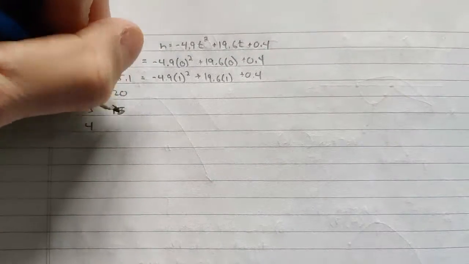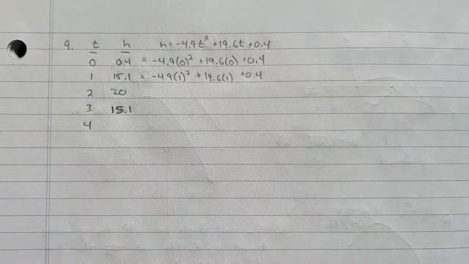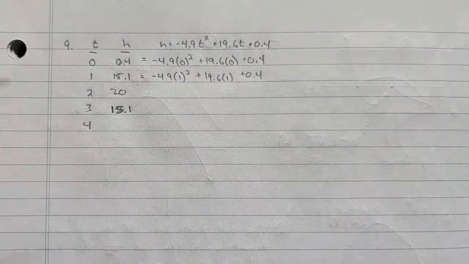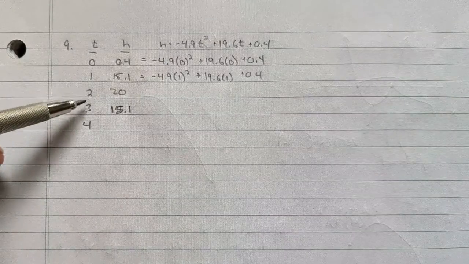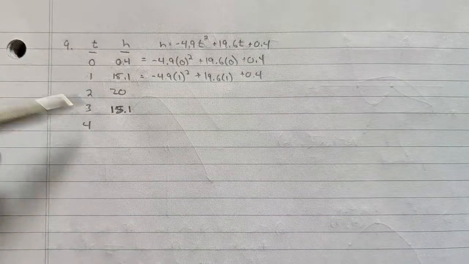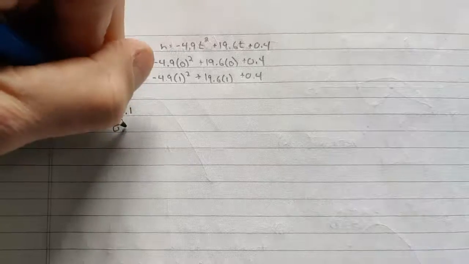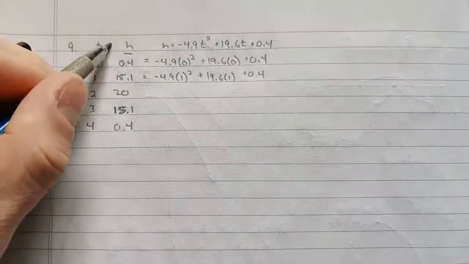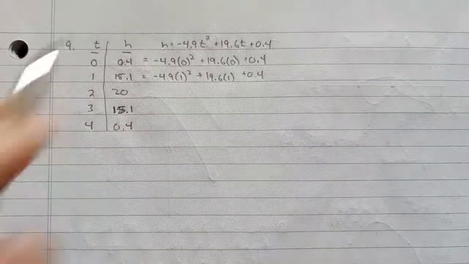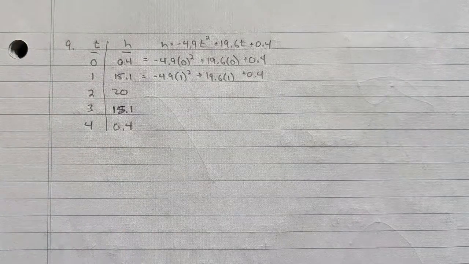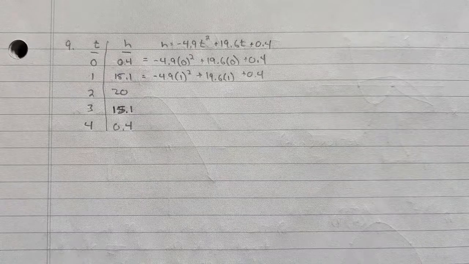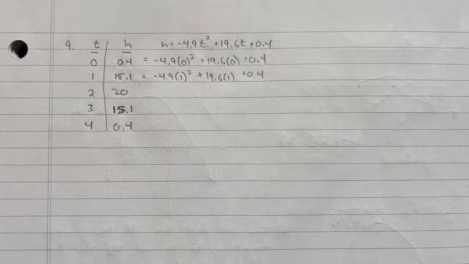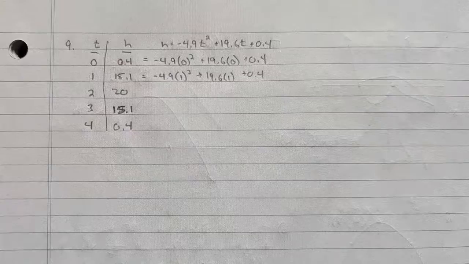And now, knowing that a parabola is going to be symmetrical, and we've gone down 1 point here, the last value should be 0.4. So that would be our table of values there. I cheated a little bit, knowing the layout of a parabola, and used that to help me determine the values of everything.